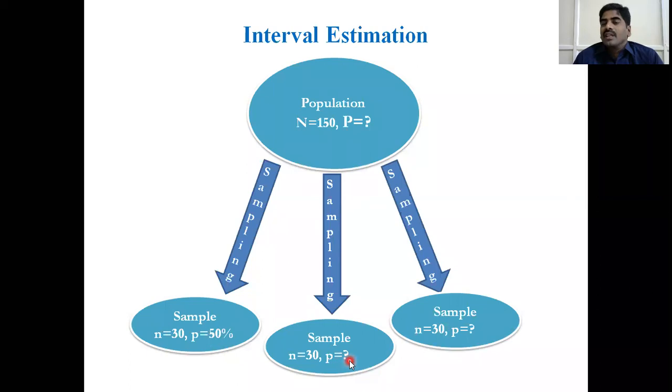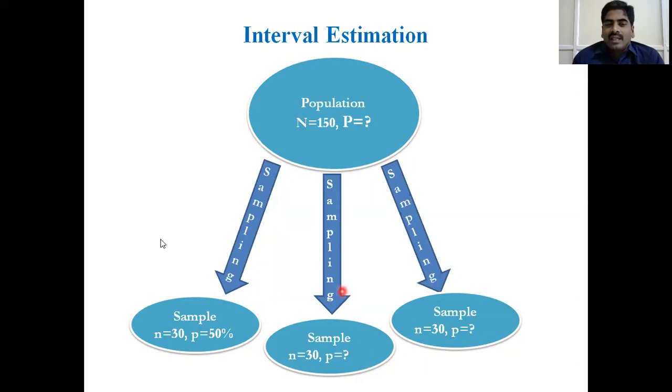This variation we can measure by using the concept of standard error. Standard deviation is different, standard error is different. Standard deviation finds the deviation in individual observations. You can take hemoglobin values, weight values, or height values, any quantitative variable, and how observations are scattered from the mean value, you can find by using standard deviation.